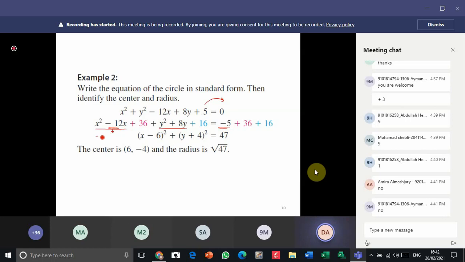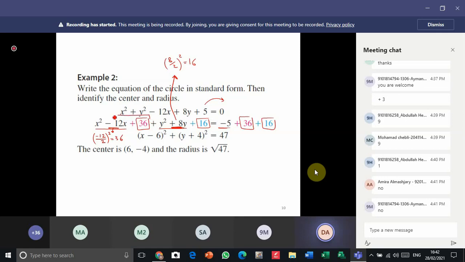Negative 12 over 2 is minus 6, square, this is equal 36. So we add 36 to both sides. The same steps are repeated for y. We have the coefficient 8 over 2, 4 square equal what? 16. So we must add 16 to both sides.